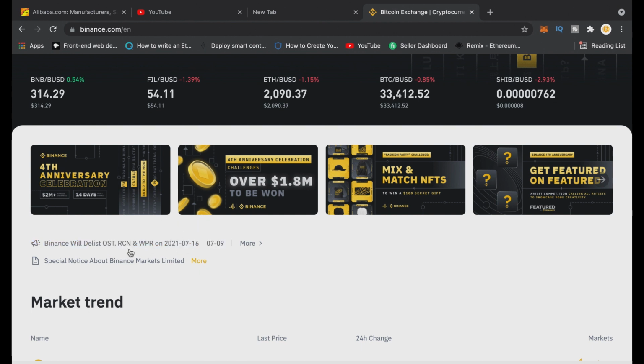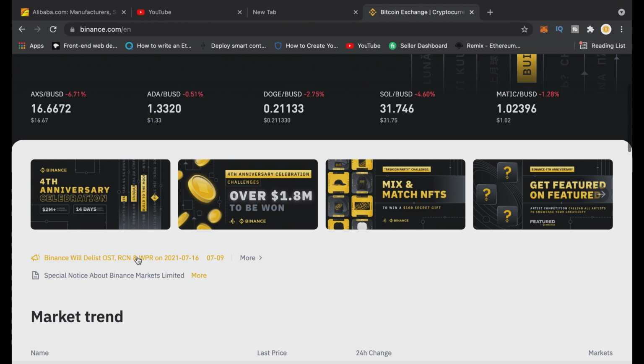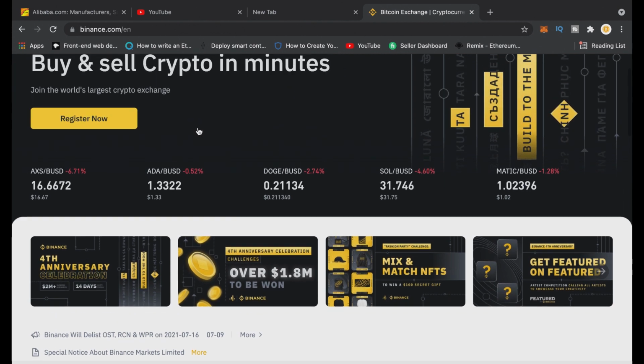So sometimes after listing a project, they can also delist that project. So you should always look at some of these announcements on the platform, so you know what is up in case you're holding this. If you didn't see this message and they delisted that coin, you might just lose your tokens and stuff like that, right?